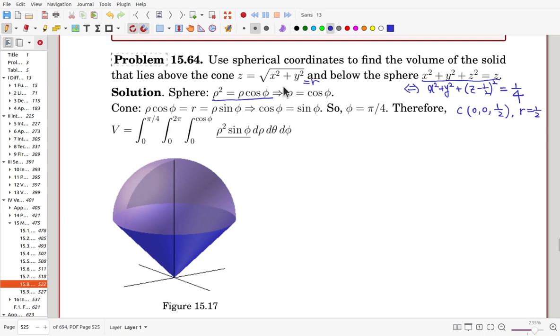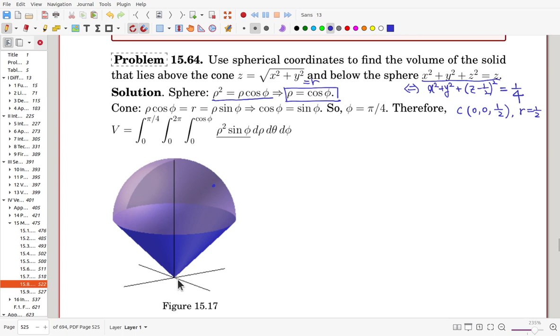So we can reach that one. In fact, for every point inside, rho is coming from 0 to the point over there. So this is the final rho.